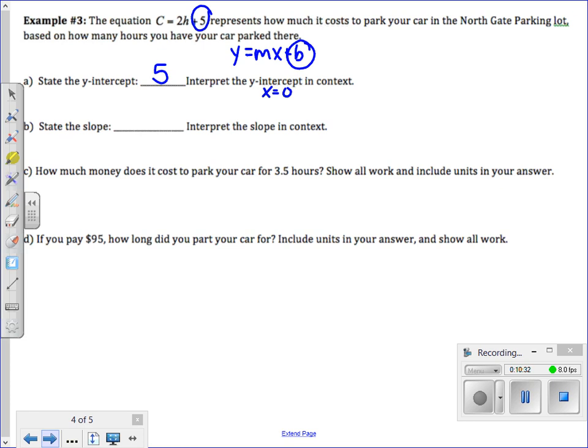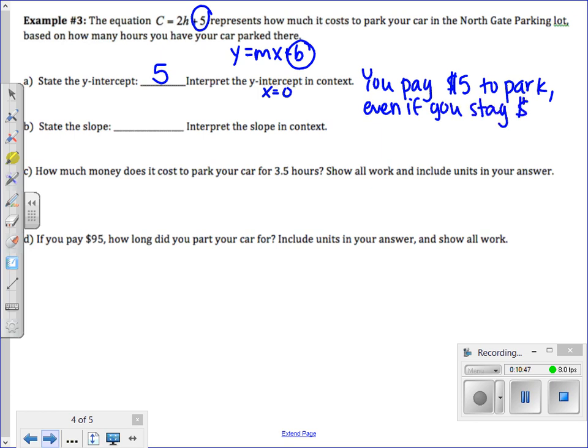So that means you pay $5 to park even if you stay 0 hours. Now what that means is in the real world, that's like a flat fee. So you have to pay $5 in general to go into the parking garage, and then you pay an extra amount of money on top of it.